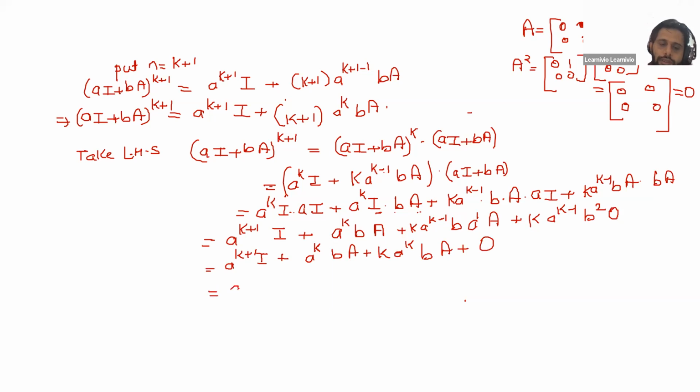This is equal to a to the power k plus 1 I, plus from this take a to the power k b a common, and here we will get 1 plus k, which we need to prove. Okay, so that means we get LHS is equal to RHS. So we will write, hence the result is true.